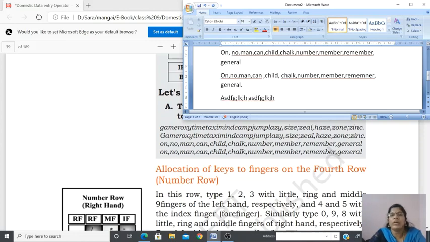Today we started with a pointing device which is called the mouse, right? We studied about the mouse and the functions of the keys of the mouse: left click, right click, double click, click and drag, blocking, everything.